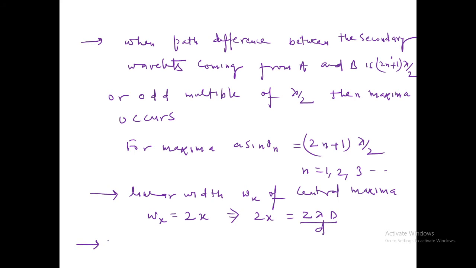One more term is defined as the angular width of the central maxima, and this is w theta, and w theta is 2 theta, which is twice lambda upon a.